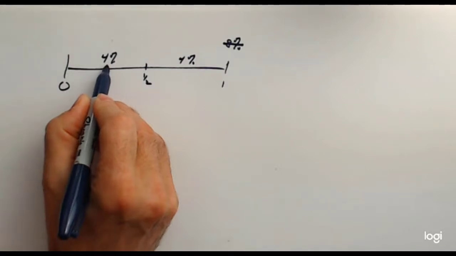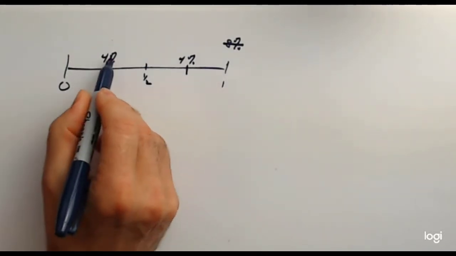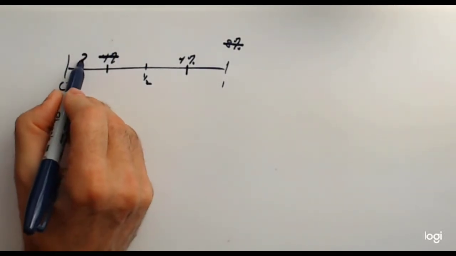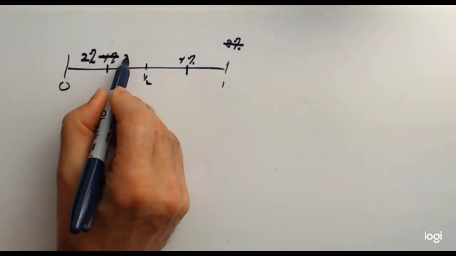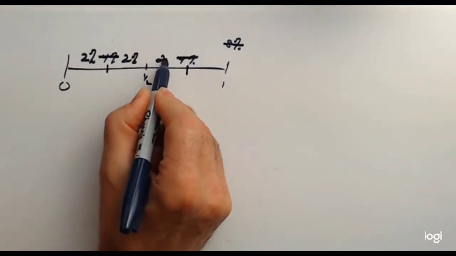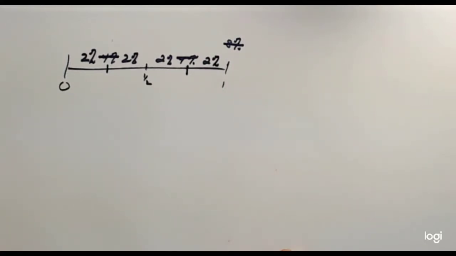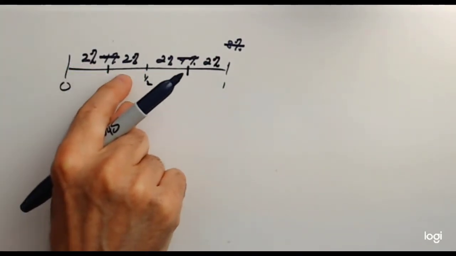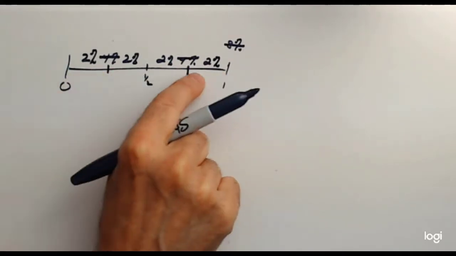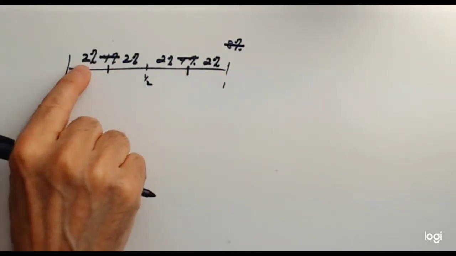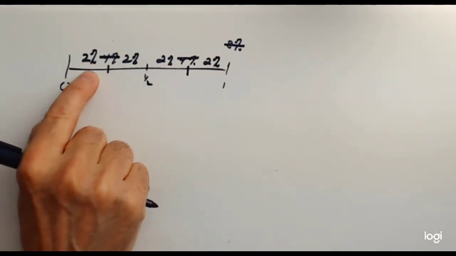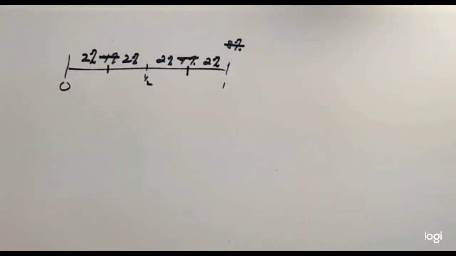We could say, well, why not break it up in the quarters? And so this 4% now becomes 2% here, 2% here, 2% here, and 2% here. And then you could break that up so that you get even smaller time periods where you get 1% for a half a quarter, and so on.